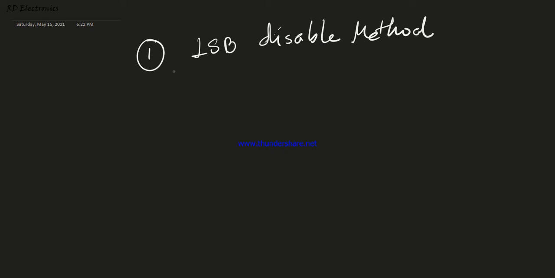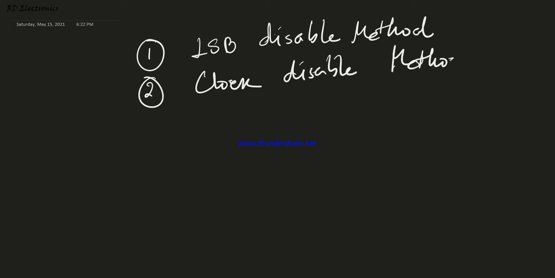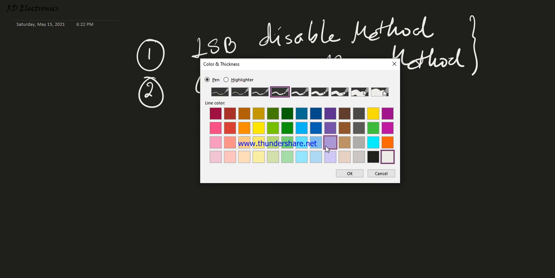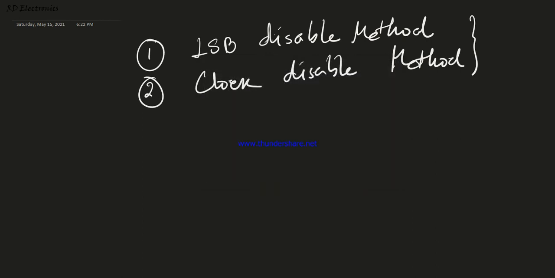Number one is the least significant bit disable method, the LSB disable method. Number two is the clock disable method. We can use either one to design the self-stopping counter.